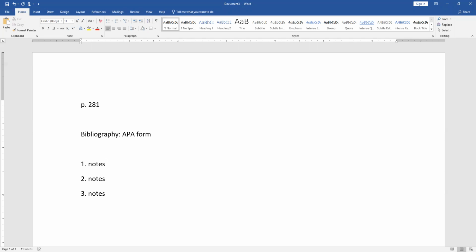But if it's a 14-page article, then put a note at the end, like page number or paragraph 10. Give yourself some idea of where that information came from, so that if you need to go back and look at the context of it, or if you wrote it in paraphrase but then decide you want to use a quote, you can go back and find it so you can write a word for word quote instead of paraphrasing.